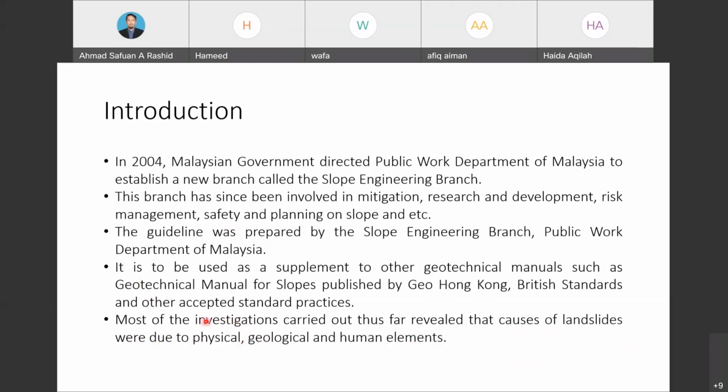The physical is more related to the slope itself, for example due to the geometry, or water and rainfall infiltration. The geological is due to the parent rock and the weathering process, while the human elements are most probably due to construction or development, cutting, whatever is related to human activities.